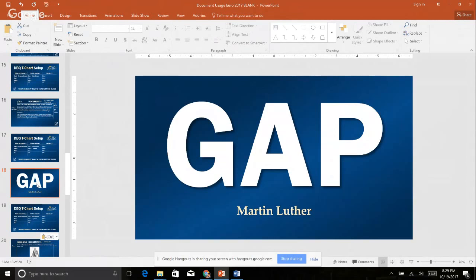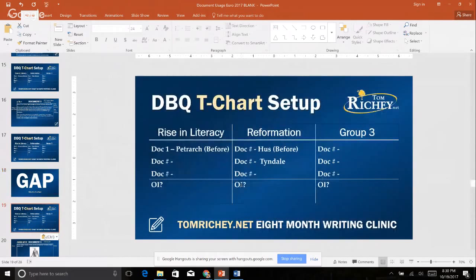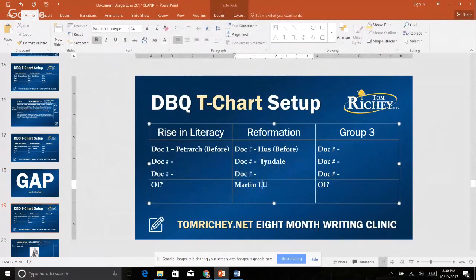But Martin Luther is the big gap here, in that Luther's not mentioned. Typically the gap is going to be something fairly obvious. Most DBQs, all DBQs, have gaps because they want you to use outside information. So when I'm looking through here, I'm going to note Martin Luther, 95 Theses.